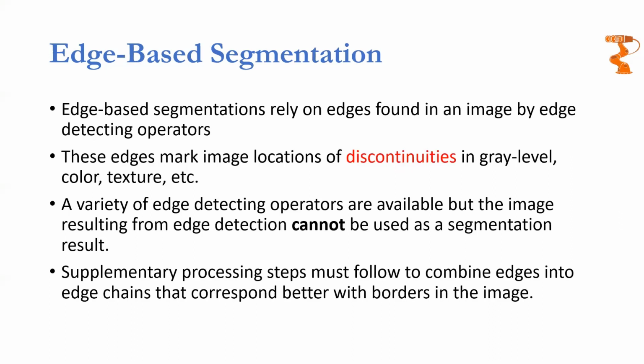So supplementary processing steps must follow to combine edges into edge chains, so that all edges are combined and produce borders of the regions. Then later on, region growing, region-based segmentation or region filling operations can be used to fill the regions so that you can get a whole segmented output.